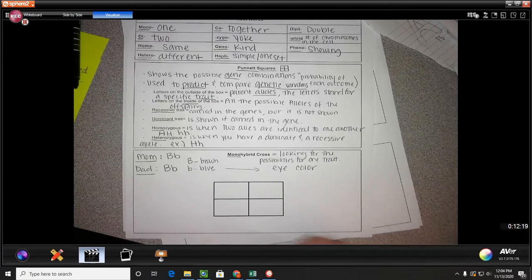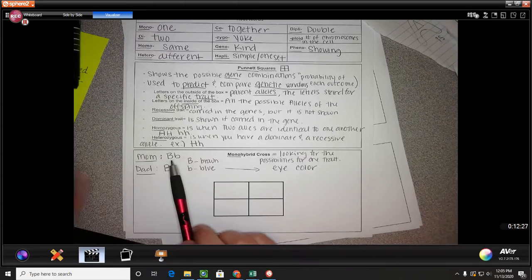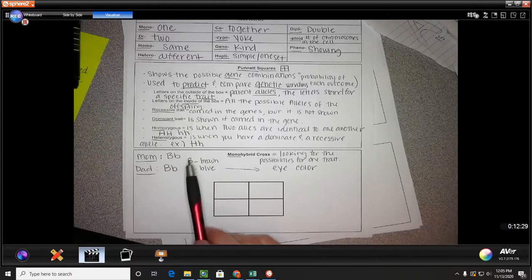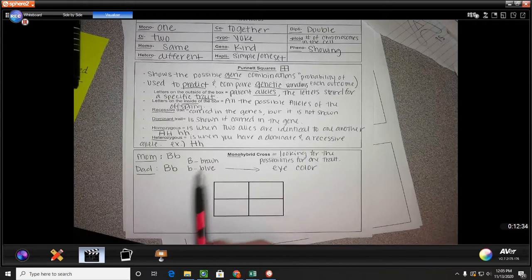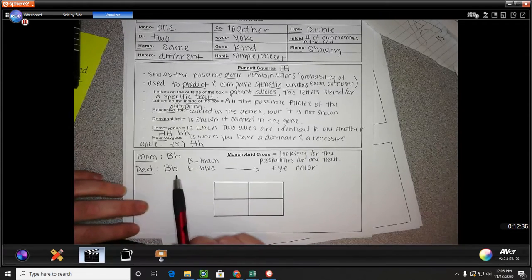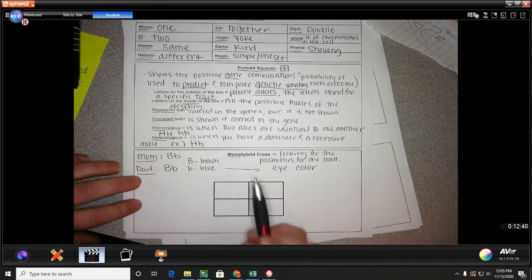So we have mom and dad. Now, you might be wondering, why do they have two letters? Well, mom and dad got their genes from their mom and dad. So they have two copies too, just like me and you. And dad has two copies because he got one from his mom and one from his dad.